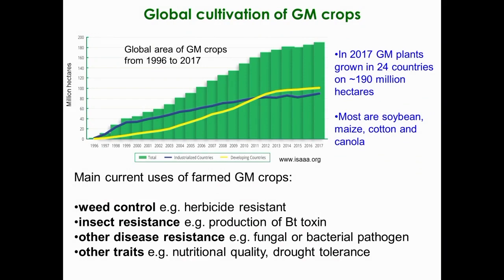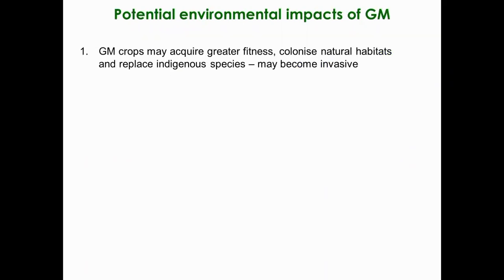If the insect feeds on the plants containing this toxin, it will die. Some of these traits are for other disease resistance, such as against fungal or bacterial pests, or for other non-disease characters, such as improved nutritional quality, like golden rice, or for drought tolerance.